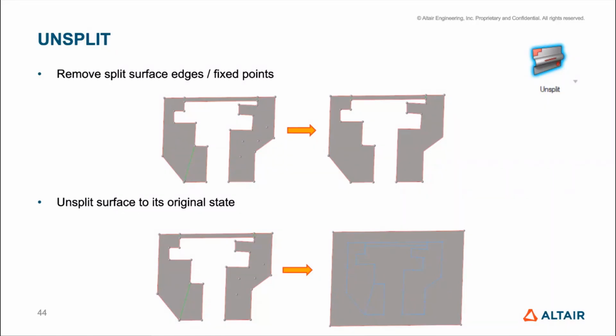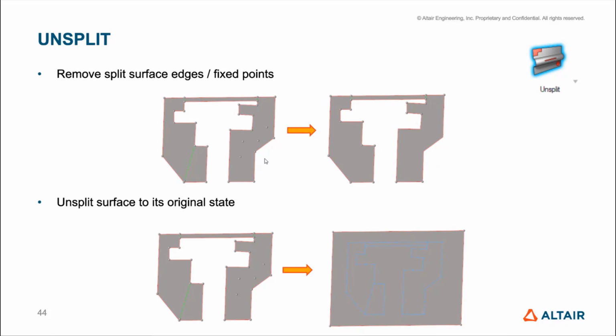This is one of the tools that we added, unsplit. You can see that you can switch between the split and unsplit using this arrow under the geometry context. We had provided some of the tools under split itself to be able to remove the scratch surface splits or remove the fixed points.